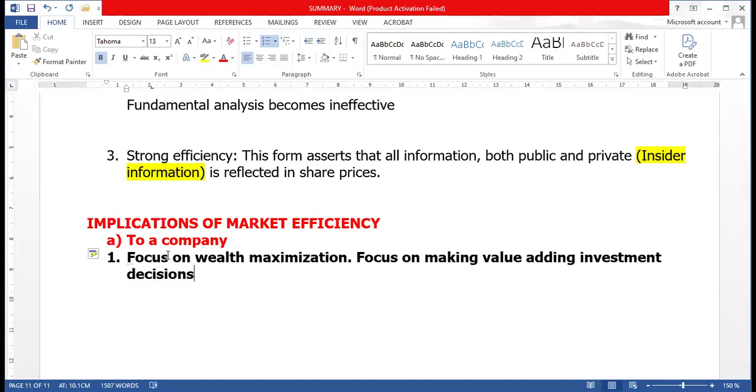So you as a finance manager, or a manager in any capacity, focus on other things, not just on adjusting the prices, because the investors are aware. So that is number one. Make good decisions, because once you make good decisions, it will automatically be reflected in higher share prices.